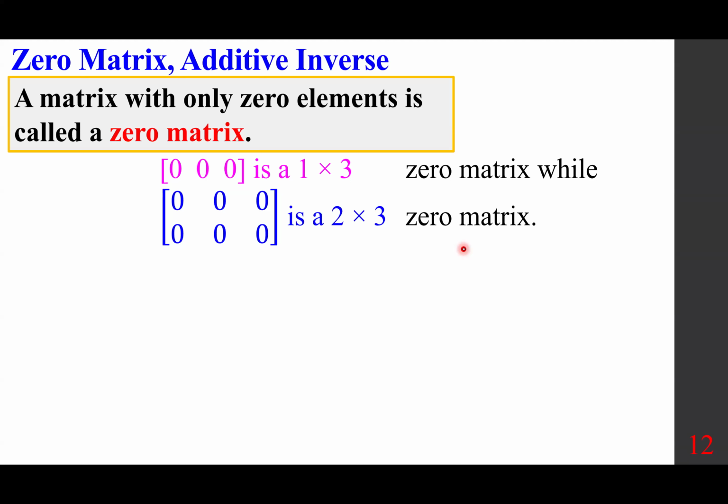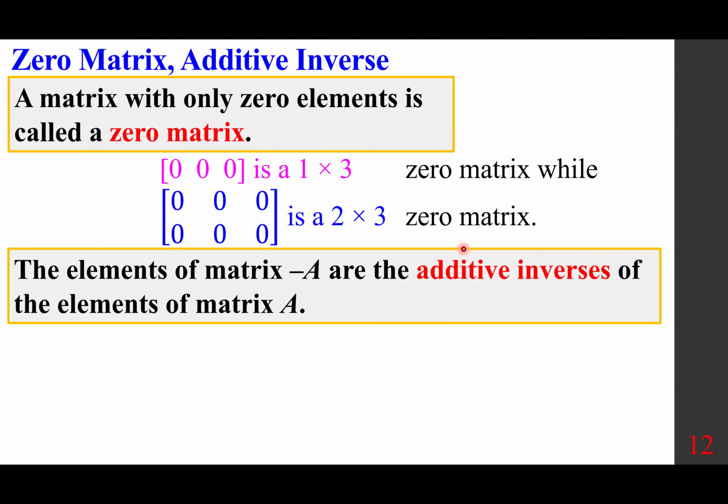So it's pretty straightforward. The elements of matrix minus A are the additive inverses of the elements of matrix A. In other words, whatever matrix A is, for each element write the opposite of that.